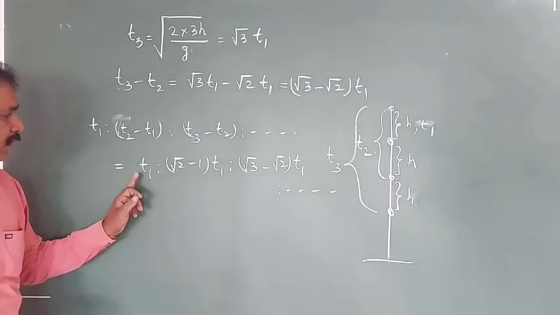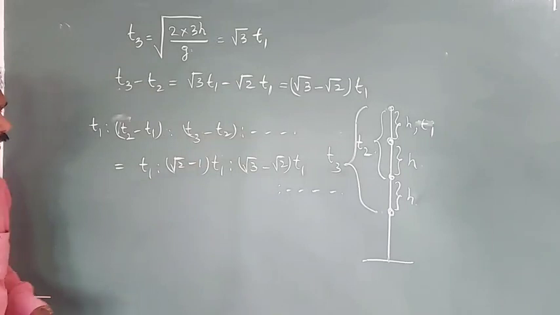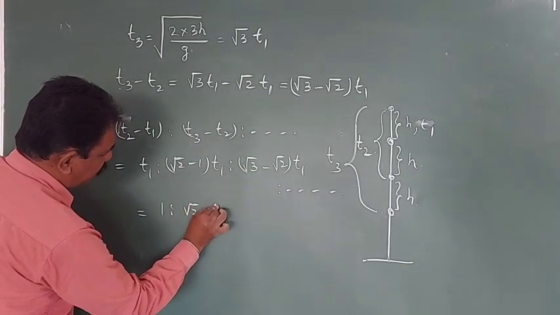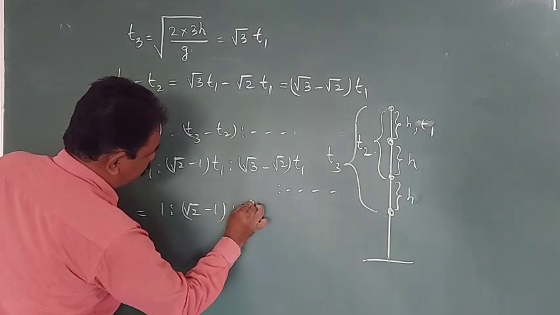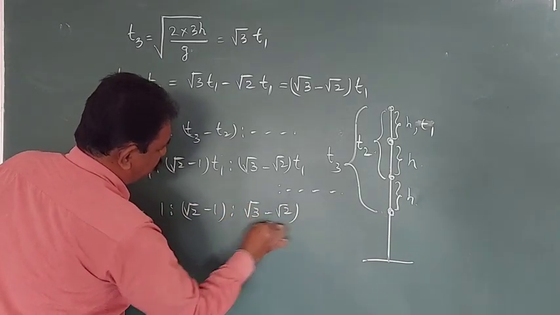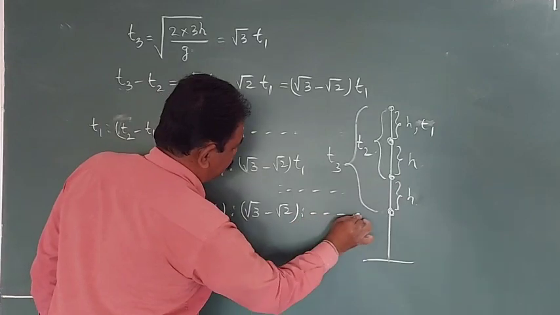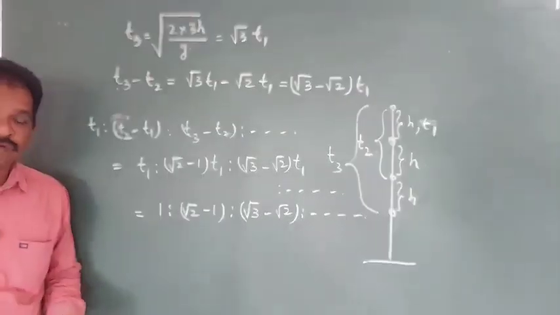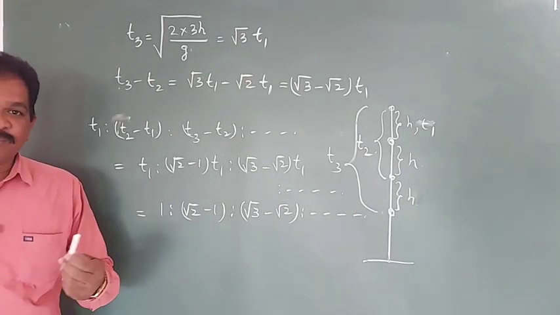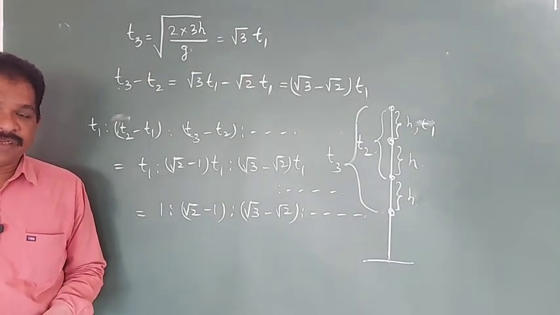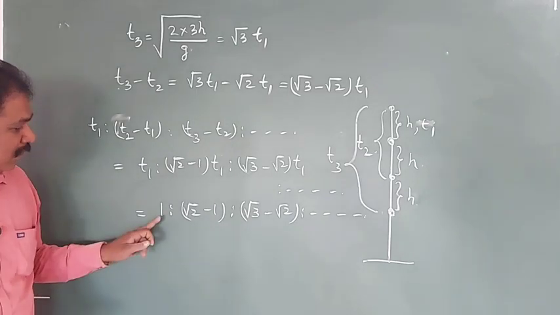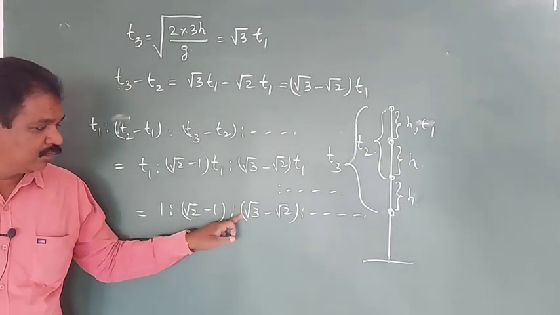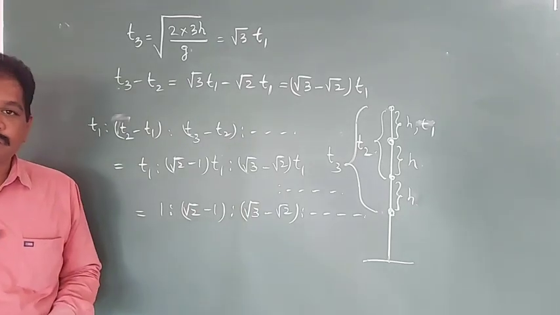T1 cancels out. 1 is to root 2 minus 1 is to root 3 minus root 2 is to, and so on. Okay? The ratio of times to cover equal displacements will be 1 is to root 2 minus 1 is to root 3 minus root 2 is to, and so on.